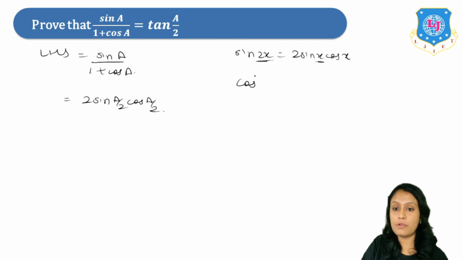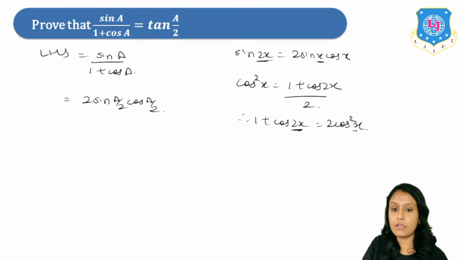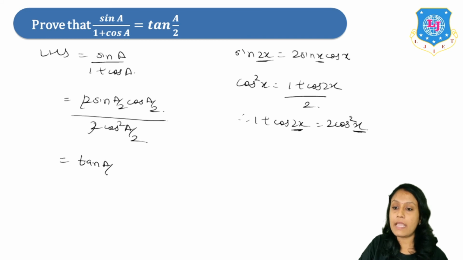Again we know the formula of cos square x is 1 plus cos 2x upon 2. So the formula for 1 plus cos 2x will be 2 cos square x. Here we have 2x, so here we are getting x, and so here we have a, so the formula will be 2 cos square a by 2. This 2 will get cancelled, 1 cos will get cancelled, so you will get tan a by 2.